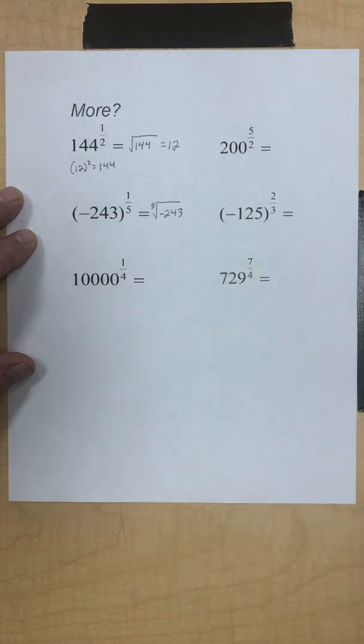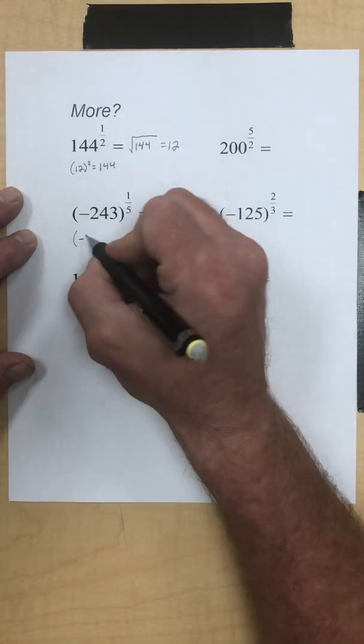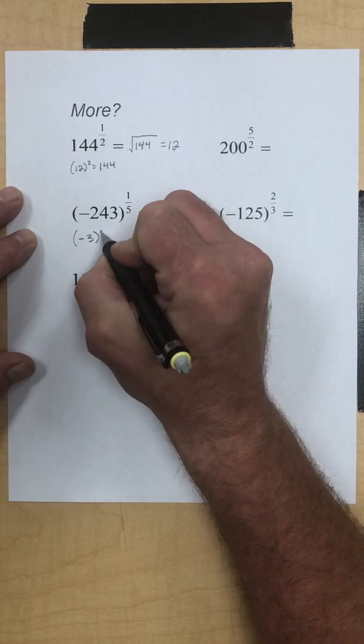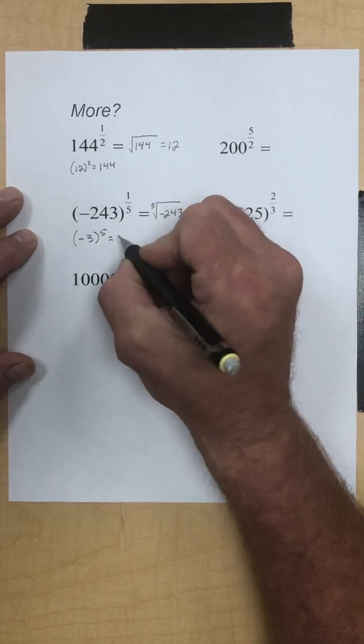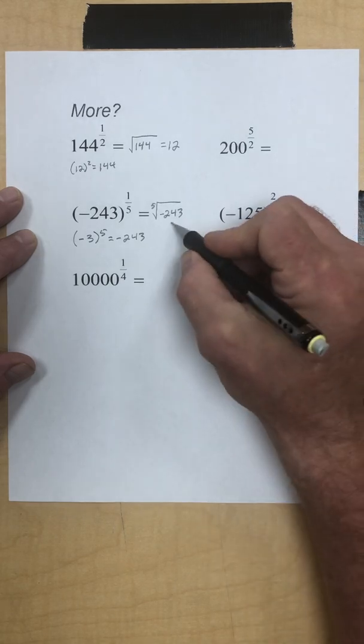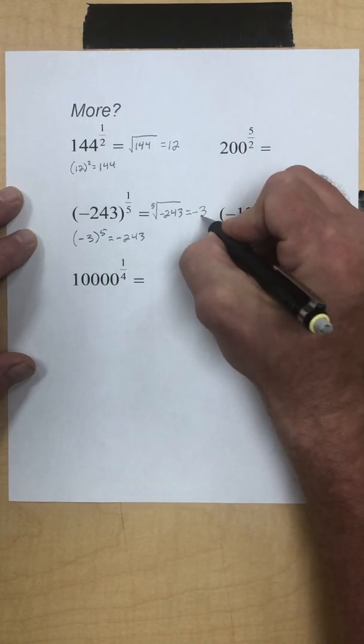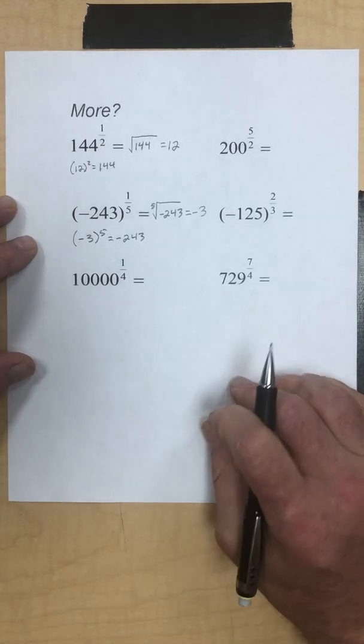I remember that one off the top of my head. So we know that negative 3 to the 5th would give us negative 243. So the 5th root of negative 243 is just negative 3. Easy stuff there.